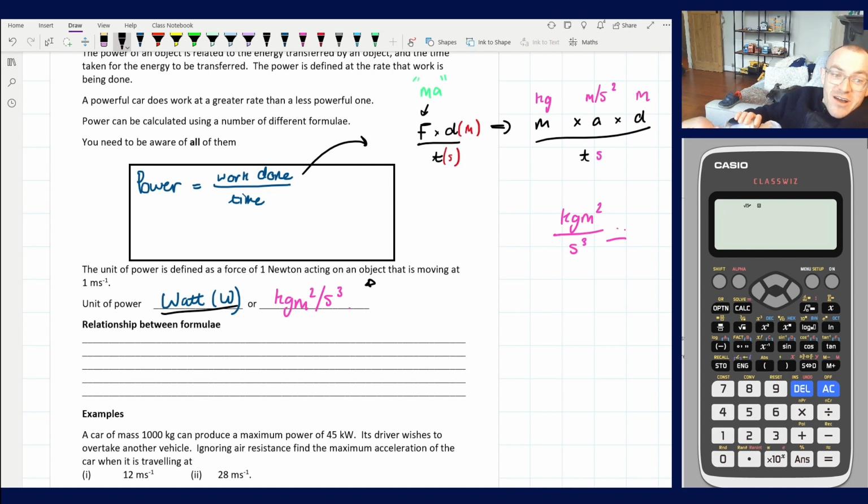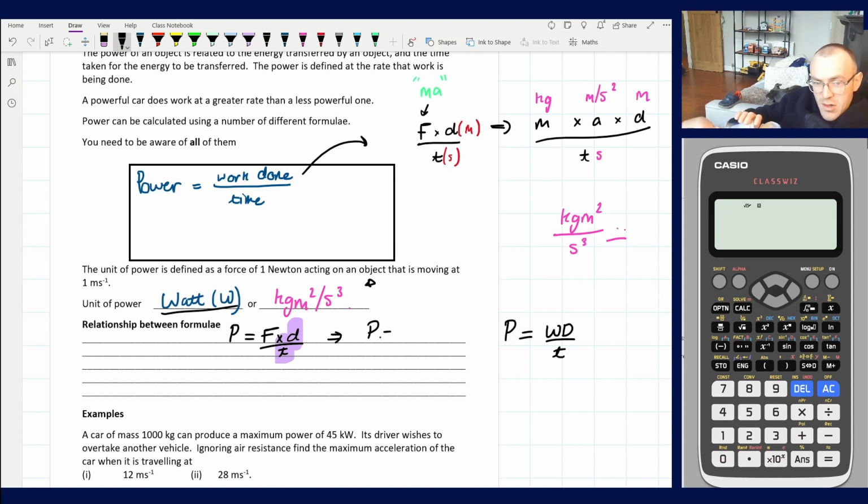In terms of another formula for power, if we go back to that idea of power is work done over time, we'll start there. And work done is a force times a distance, and we're dividing by a time. But looking at this formula, we've got a distance and a time. We're dividing distance and time there.